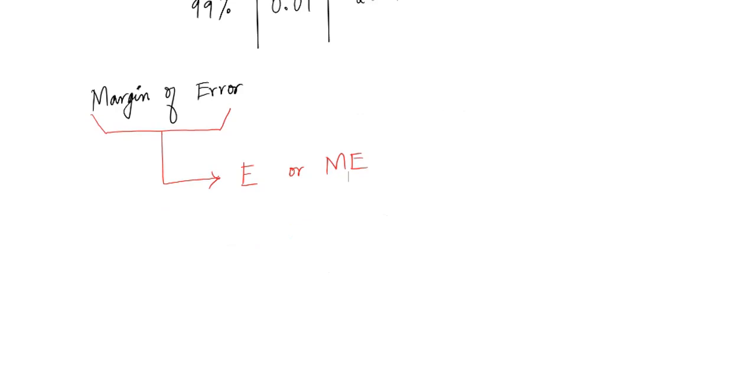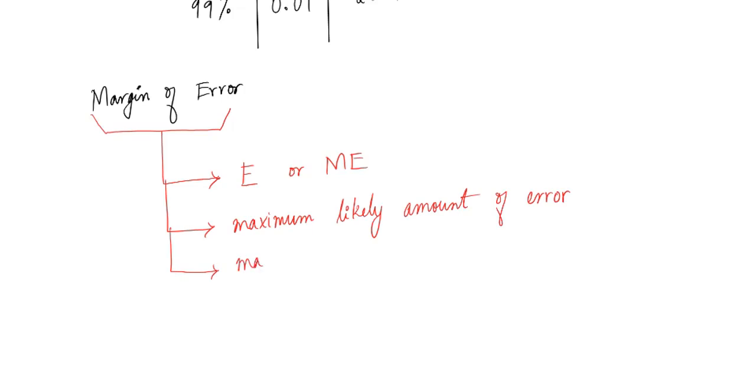It is the maximum likely amount of error, right? Margin of error is the maximum likely amount of error because it's in the margin. That's as much as it can go. That is what we're saying, the maximum error of estimate. For that reason, it's also known as the maximum error of estimate.